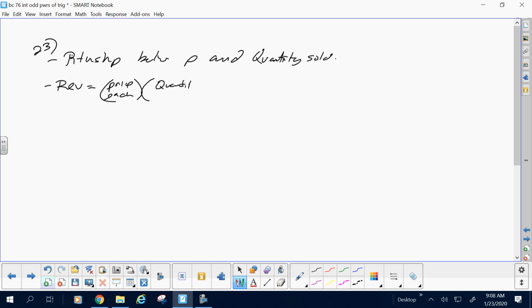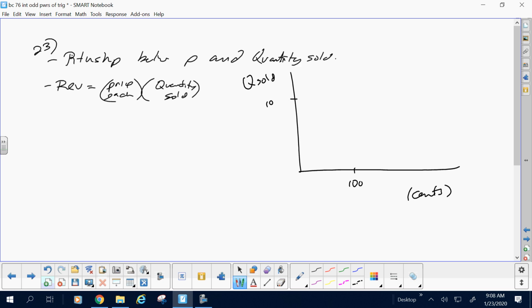Are you with me? I can't get to maximizing revenue until I get the quantity sold function. In this relationship, when you set the price at 100 cents, quantity sold was 1,000. Very cool.